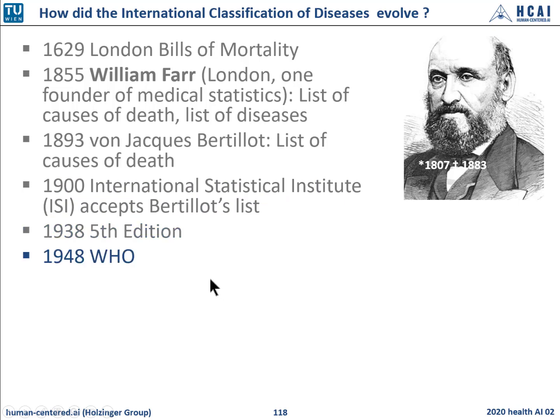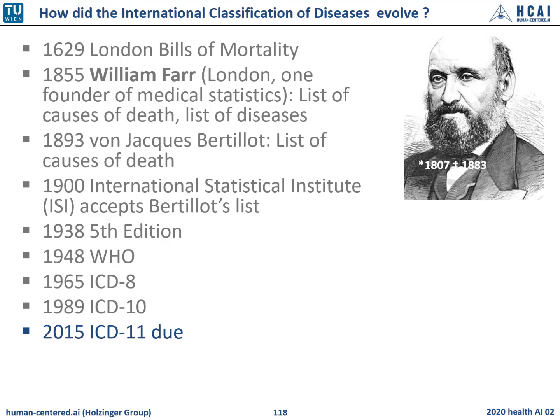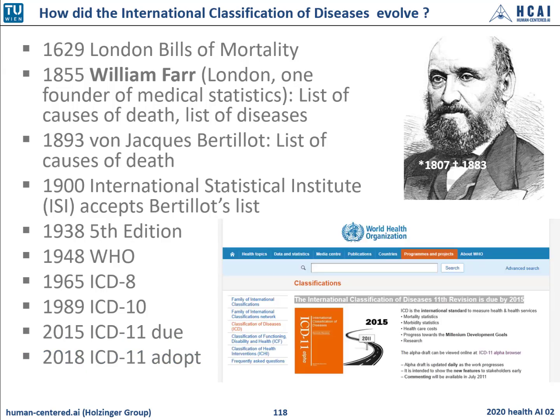In 1948, it was adopted by the World Health Organization. In 1965, we had the 8th edition, ICD-8. In 1989, ICD-10, and around 2015, ICD-11. You can look up the homepage of the WHO for more details on it.